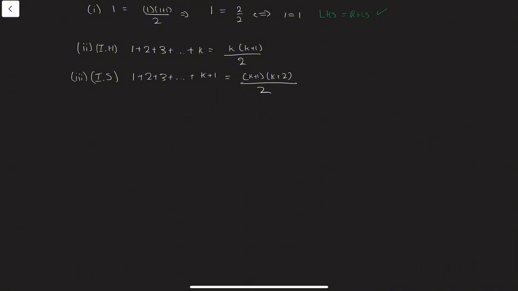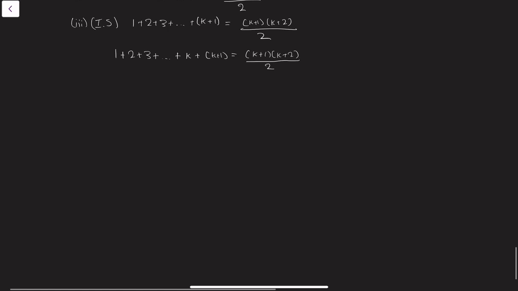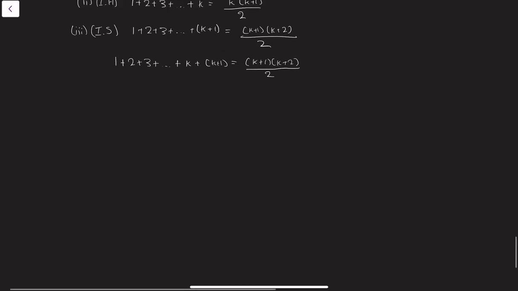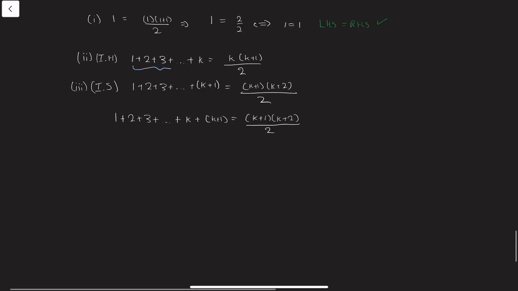Great. Recall, and I'll put brackets around this, we can write the summation on this side as the following. We'll have k(k+1) divided by 2, and from our induction hypothesis, we have this 1 + 2 + 3 + all the way to k is equivalent to this term.